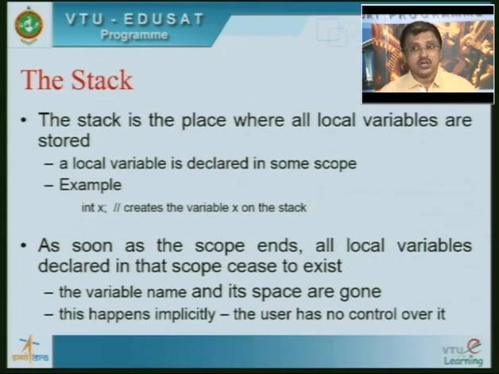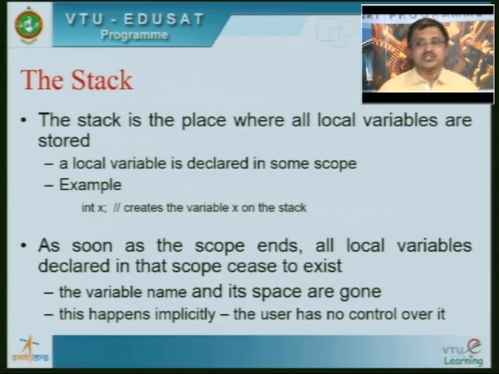So when a function call is made from a function, the storage is still there, but the stack gets expanded and the scope of x is lost. But when the function returns, not only the scope of x ceases, but the space that was allocated to x is also taken back. So that is the distinction. The variable name and its space are gone.